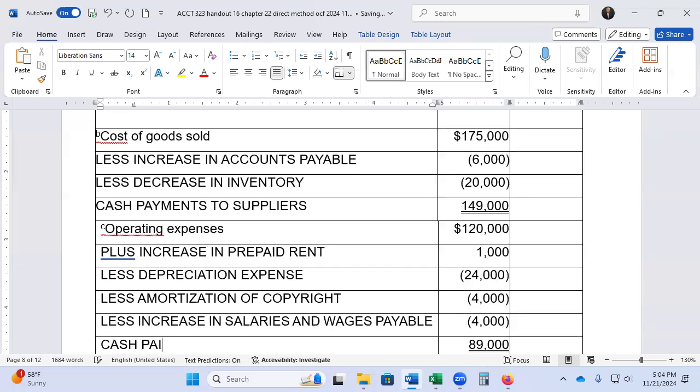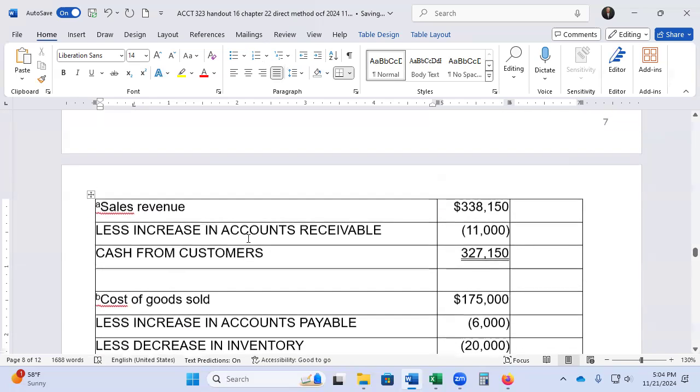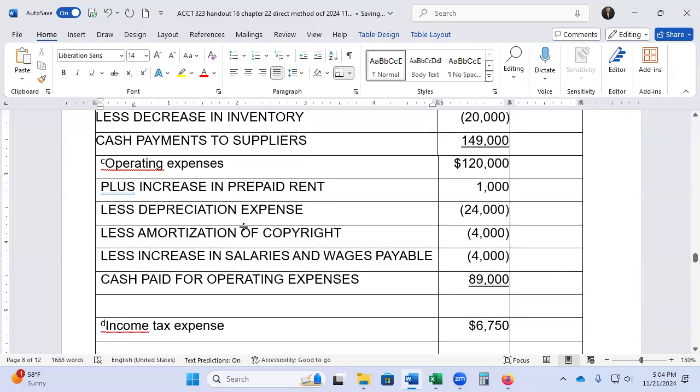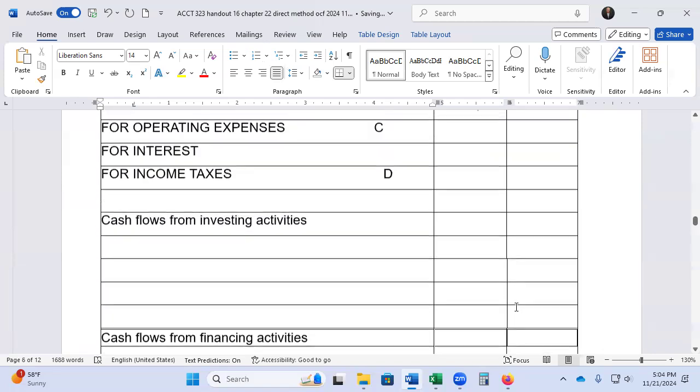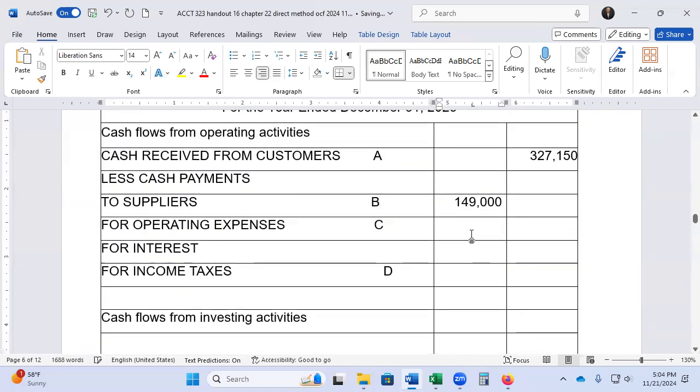And that's cash paid for operating expenses. So we put that amount in there, 89,000. We have to find our interest.